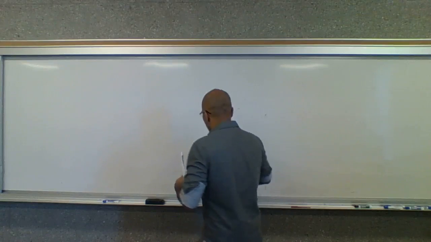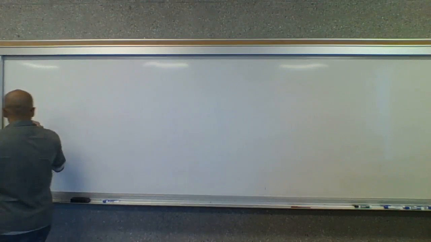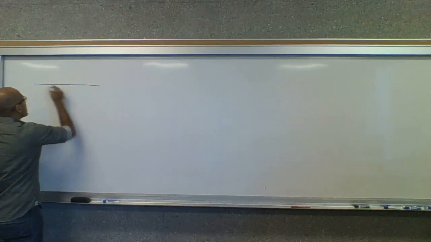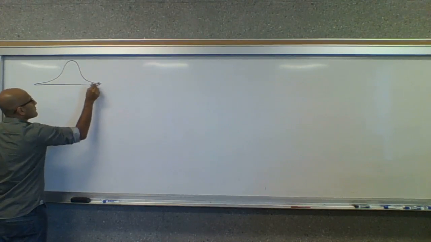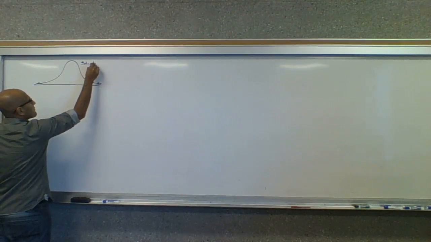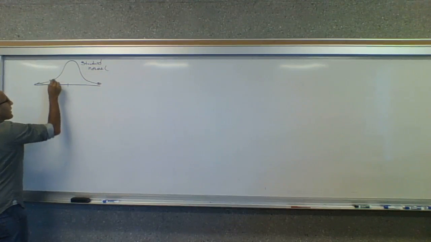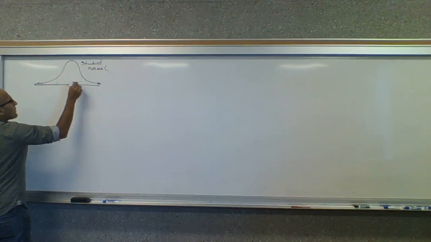We need z values. We need to go to our standard normal distribution, and we need to figure out the values that trap the middle 82% of the data. Okay?